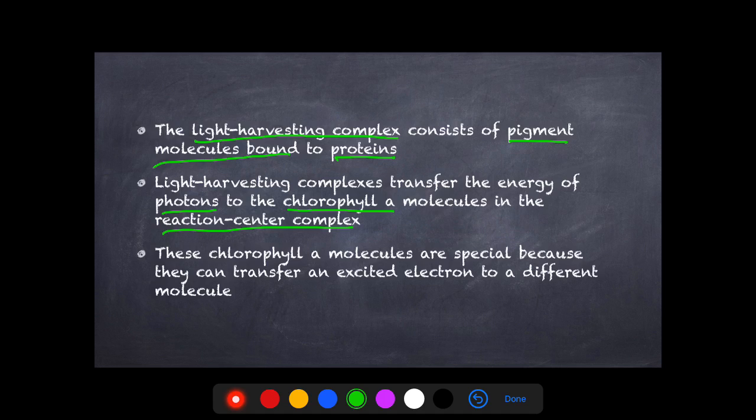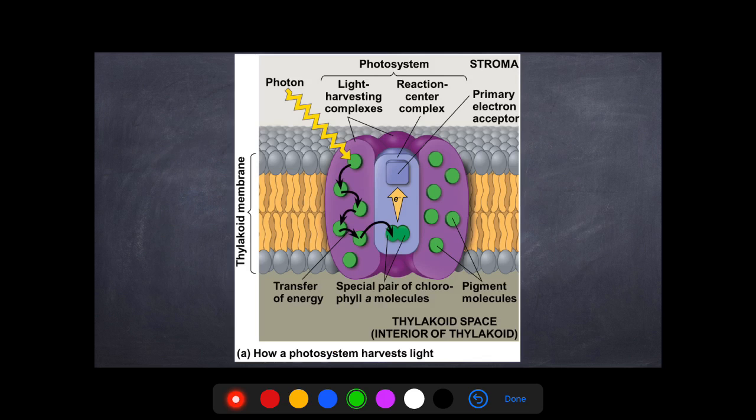Then the chlorophyll A molecules can transfer energy to an excited electron, which can also then be transferred to a different molecule. And when they transfer that electron that now has energy to a different molecule, we'll see a reaction taking place. So again, we see this diagram.